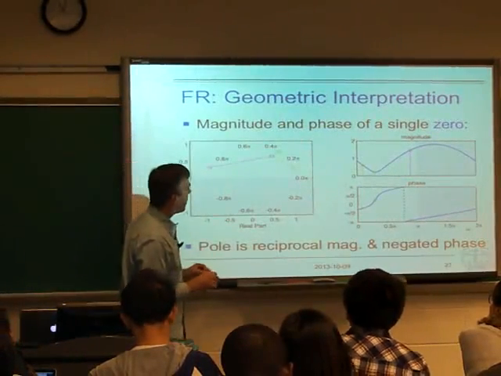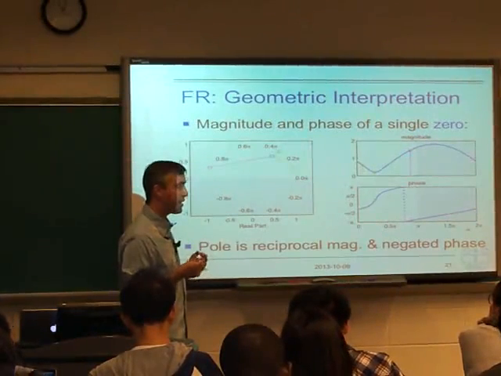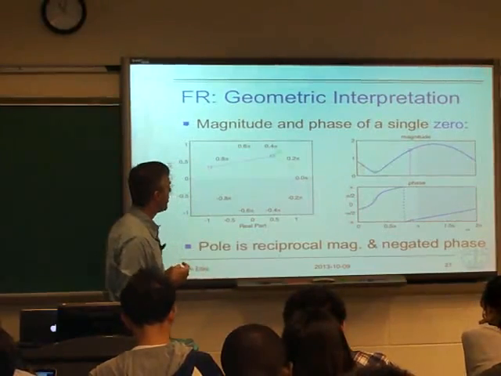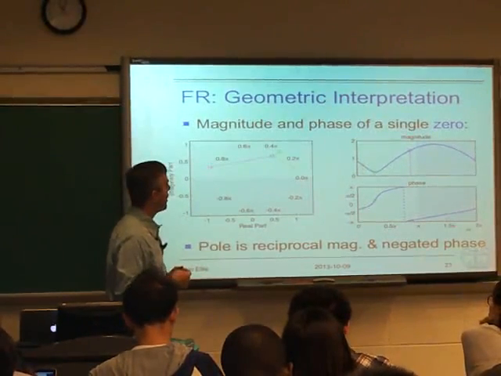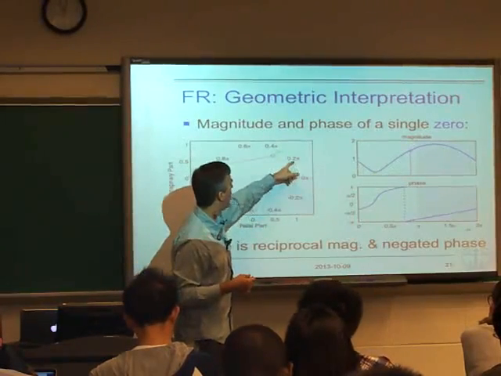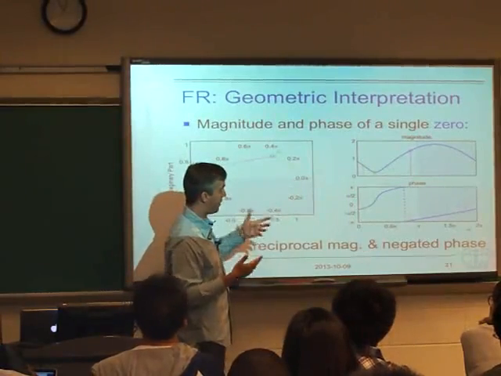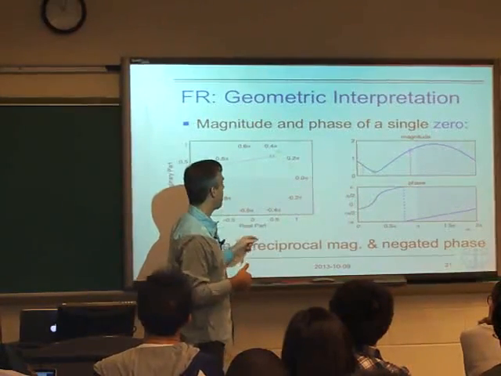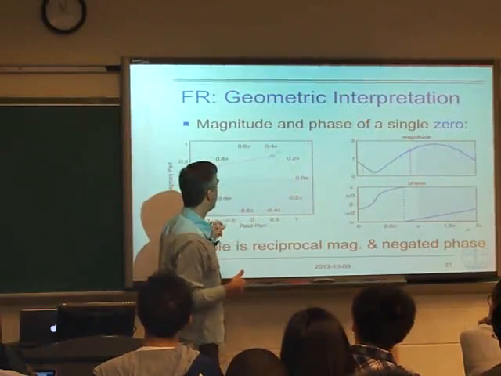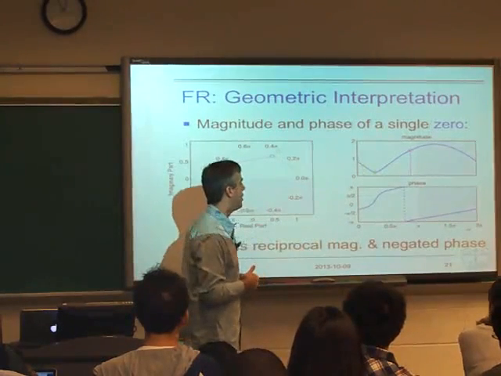So now we can think about how the magnitude and phase of a system is affected by individual roots. If we have a single zero here, we can think about varying ω all the way around the frequency axis, and then think about how these vectors change as ω changes, and then the resulting magnitude and phase.